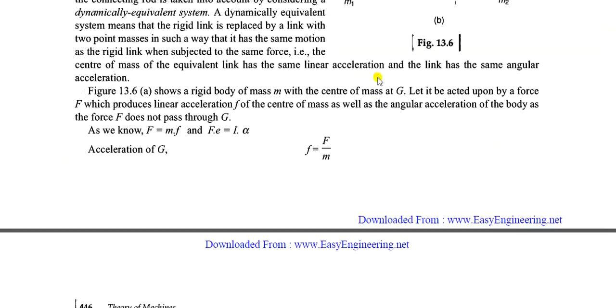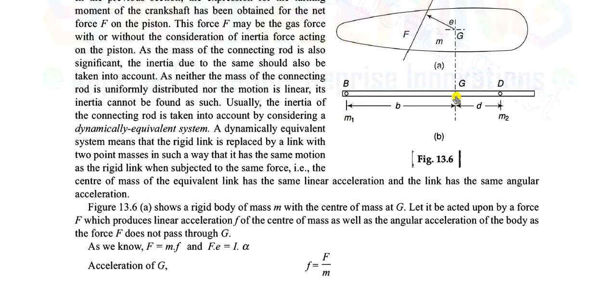So if you calculate the mass moment of inertia of these two point masses, it should be equal to I. And that is about G, it will be m1 into b square plus m2 into d square. I is the mass moment of inertia of this body, and for the equivalent system it should be equal.